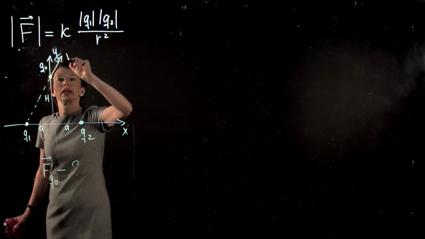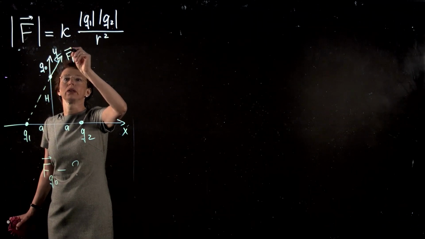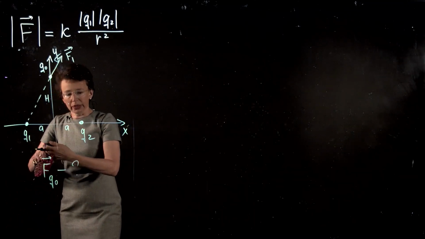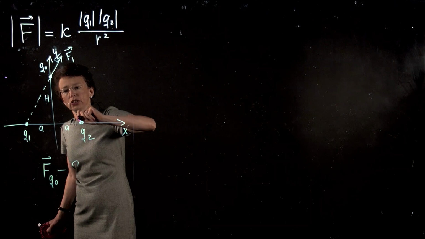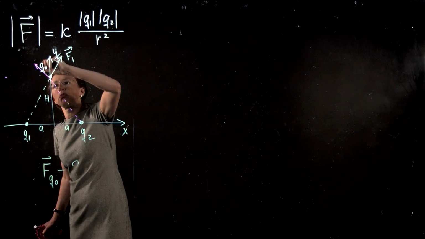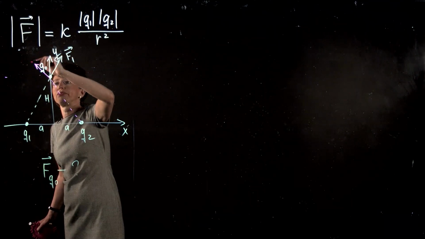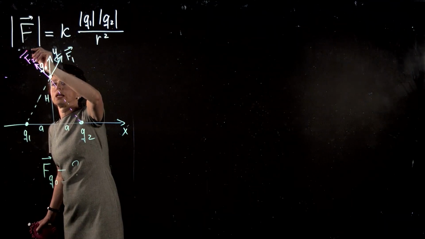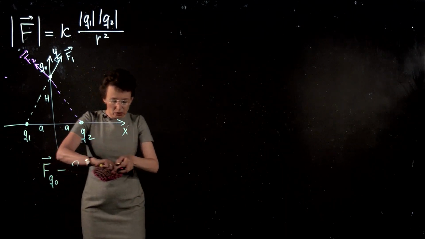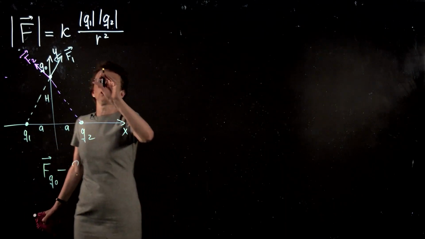This is my F1. Force exerted by Q2 will be along the line connecting these two charges, and this will be my F2, and I will use unit vectors.